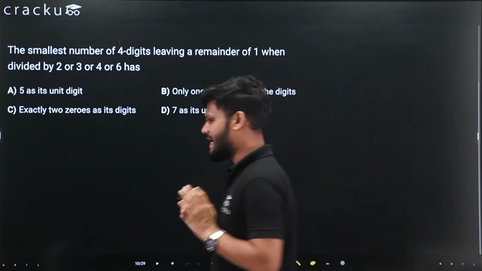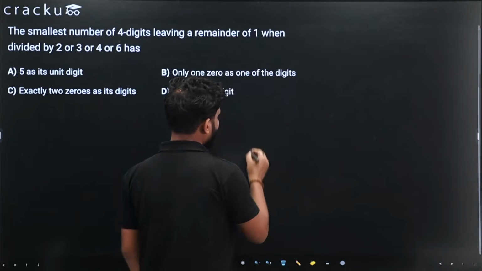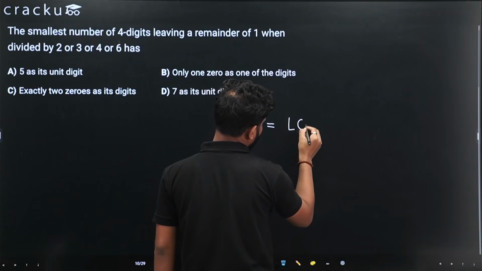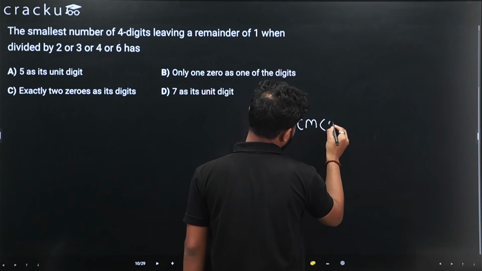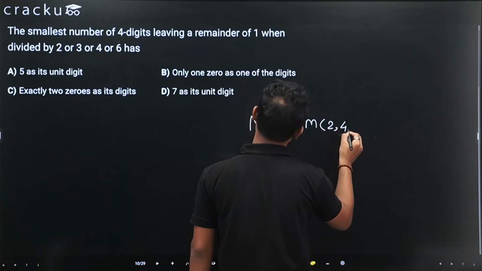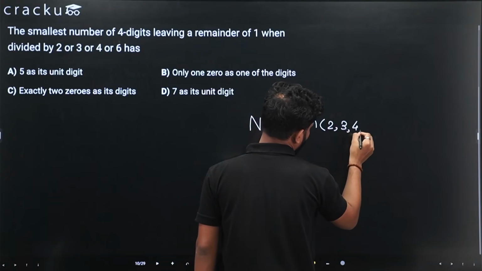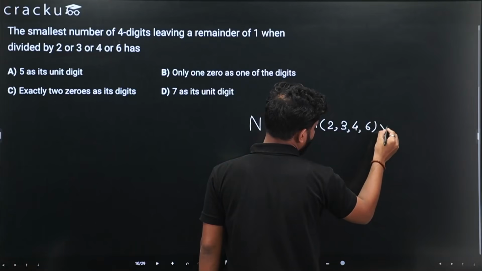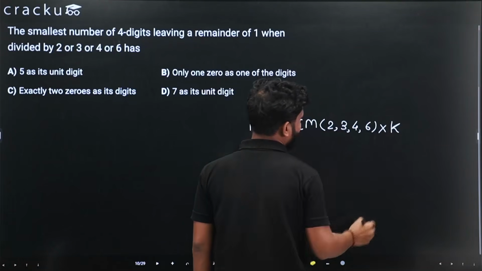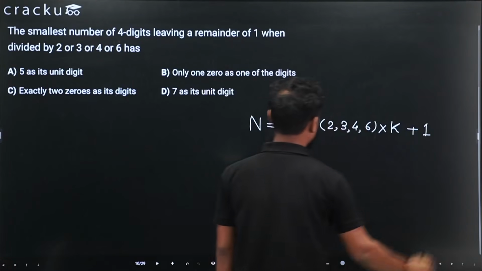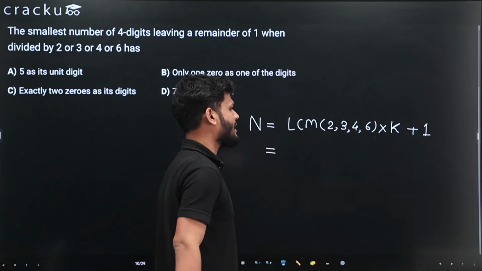In this type of example, the number will be of the format LCM of the given numbers, which are 2, 3, 4 and 6, multiplied by some integer k, plus the remainder. The remainder is 1.